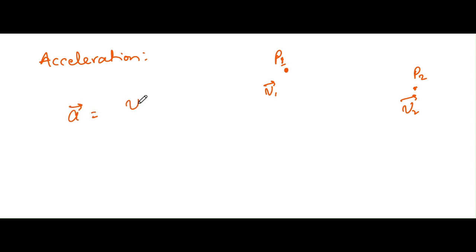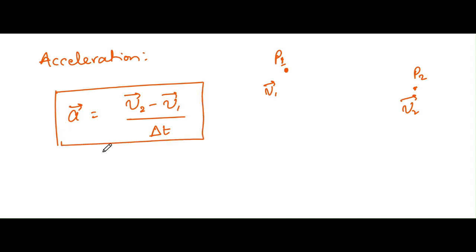And now let's move to the topic acceleration. So what is acceleration? It is the rate of change of velocity, we can say. So let's say at point P1 velocity is V1, and at point P2 velocity is V2. So the acceleration will be V2 minus V1 divided by the time interval. This is acceleration.